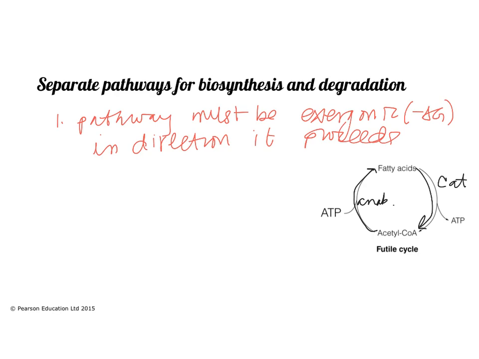Okay, so that means that going in this direction, we have to have overall a negative delta G, and going in this direction, we have to have, again, an overall negative delta G. So you can't have it just be one single pathway with the exact same enzymes for both of them, because they couldn't both be negative delta G. And in order to get your pathway to move in a forward direction, it has to be exergonic. So we have separate pathways for catabolism and anabolism, even if they have the same intermediates.